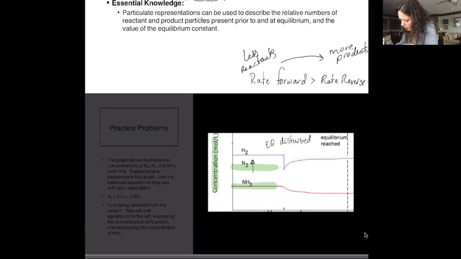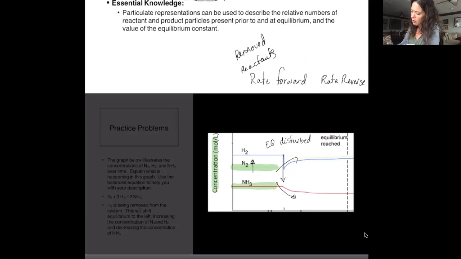So if hydrogen went down and nitrogen went up and ammonia went down, oh, then we must have removed the hydrogen. That's what we did, which is still what we see here. We removed a reactant. So the rate of the forward would actually be less than the rate of the reverse.